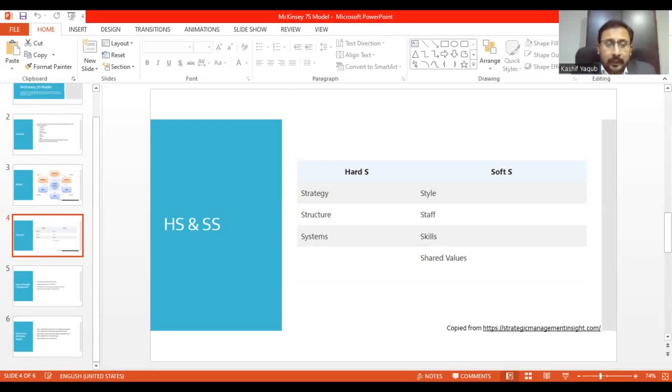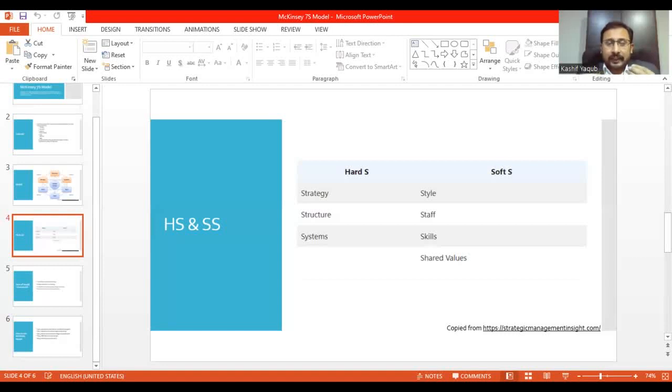So let's go now to the soft elements. Style. What is style? It represents the way the company is managed by top level managers, how they interact, what actions they take, and their symbolic value.